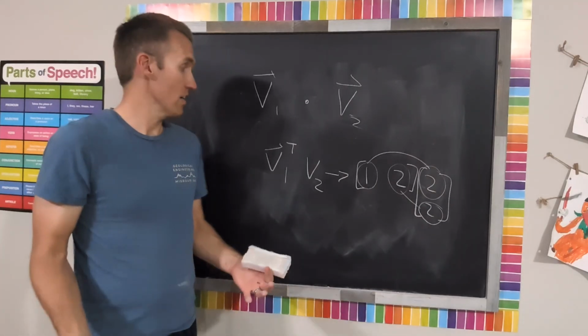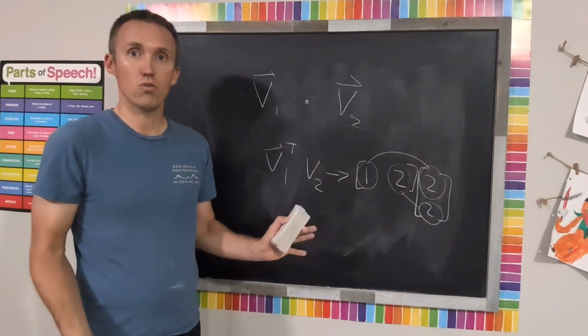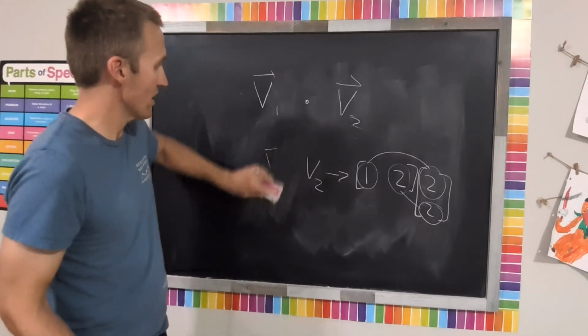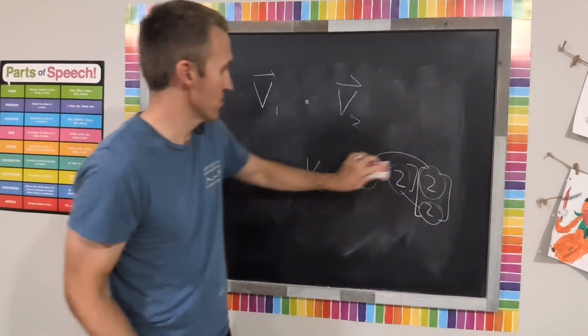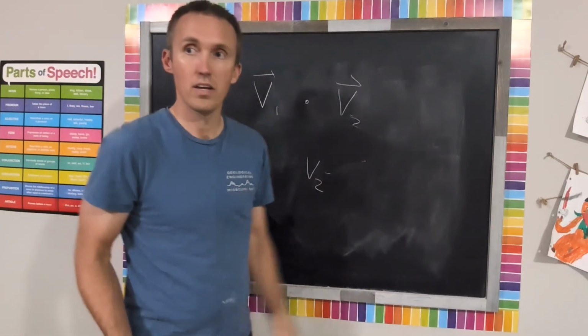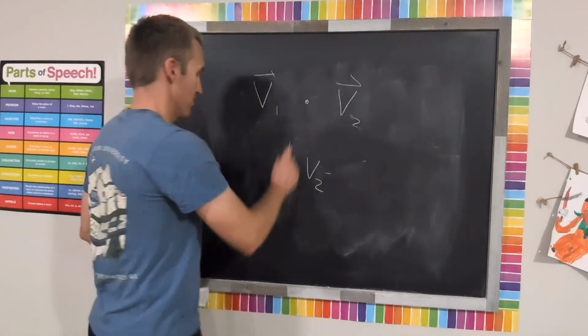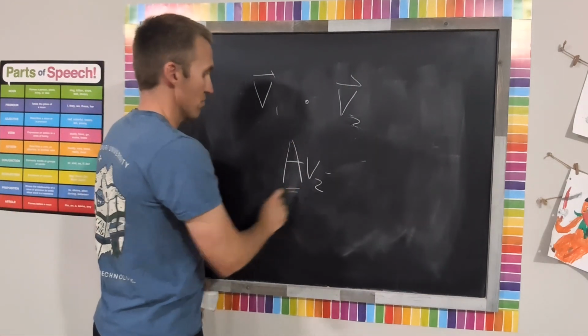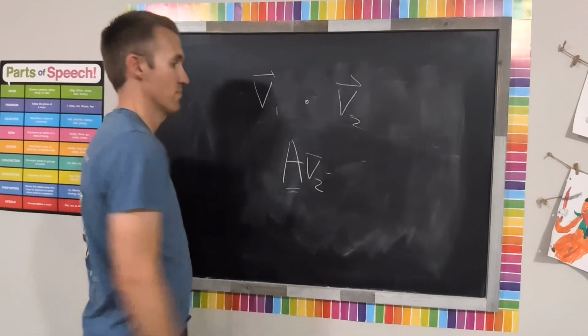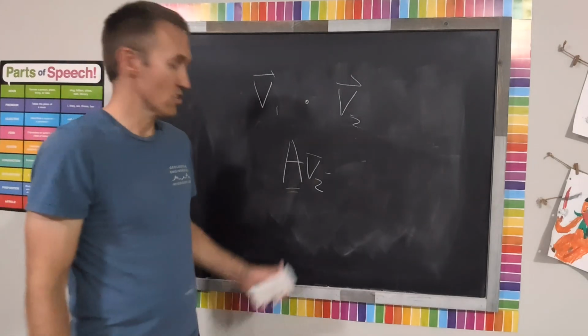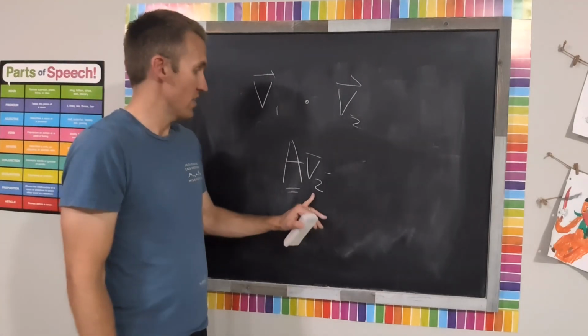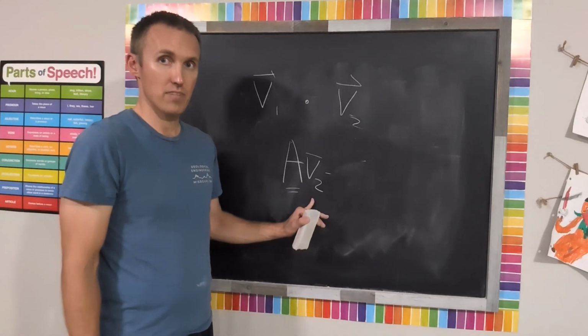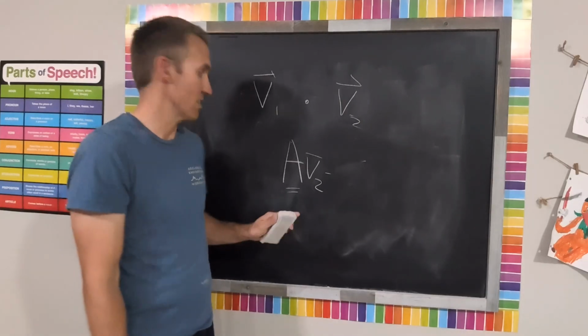Now, the nice thing here is that we can extend this to a matrix. So now instead of having a vector here, I'm going to write this as a matrix. So I have some matrix A, and it's going to have some rows and columns, and then I'm going to multiply that by a vector. And let me write out this matrix in a slightly different way.